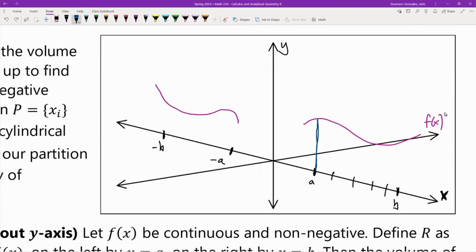So this is the shape that I want to revolve around the y-axis. Okay, so let me redraw this strip right here so that it looks a little better. It's going to go something like that, right? So I want to revolve that shape around, right?